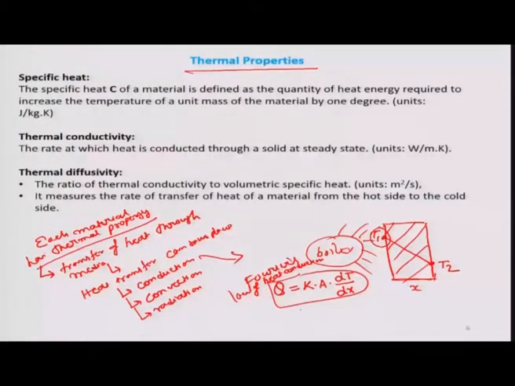where K is the thermal conductivity, A is the area of the slab, dT is the change in temperature, and dx is the thickness.